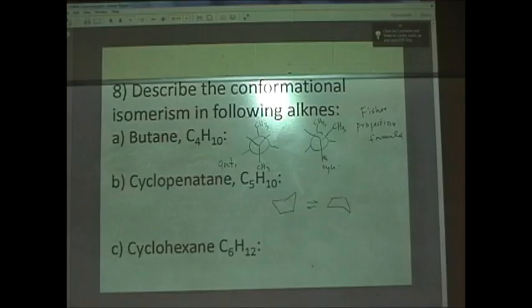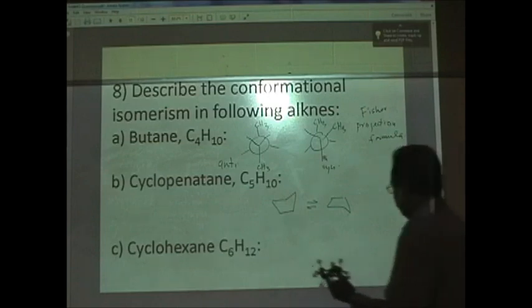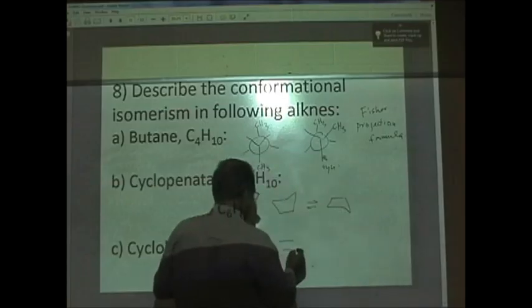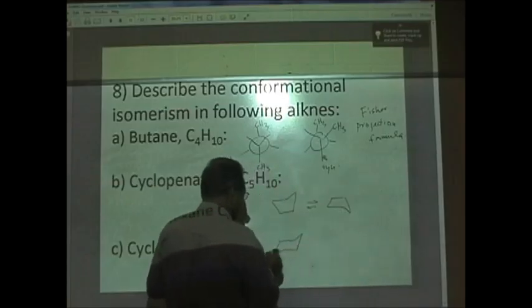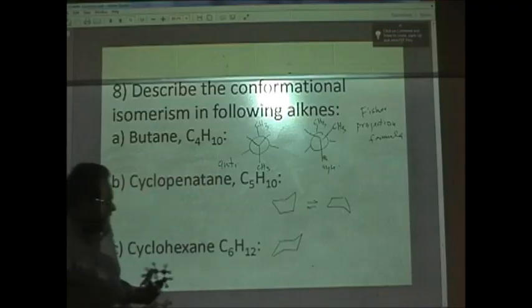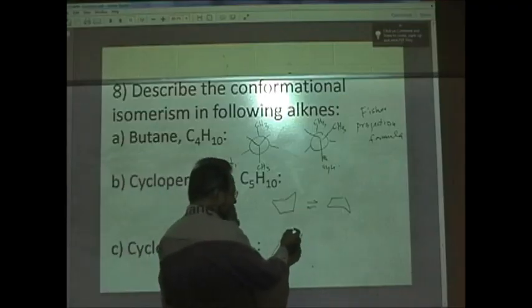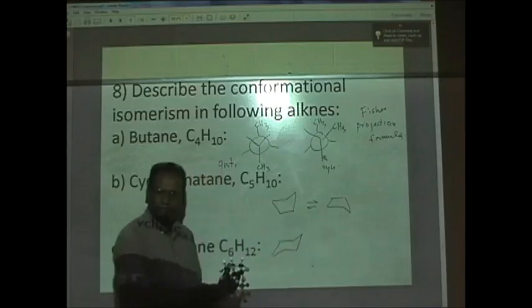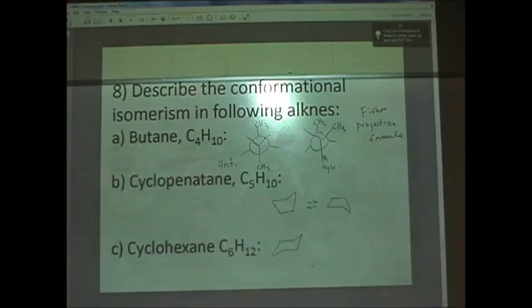Now I'm going to create the cyclohexane conformations. Now let me tell you, which is this one? Boat or chair? What do you mean by a chair? Now in the drawings, what we can do is this. Doesn't it look like you're sitting down on a chair, in your poolside chair?